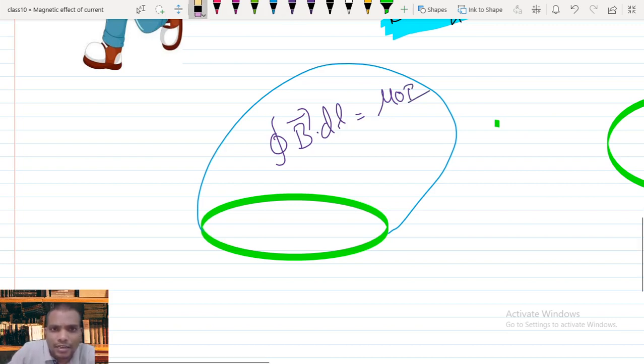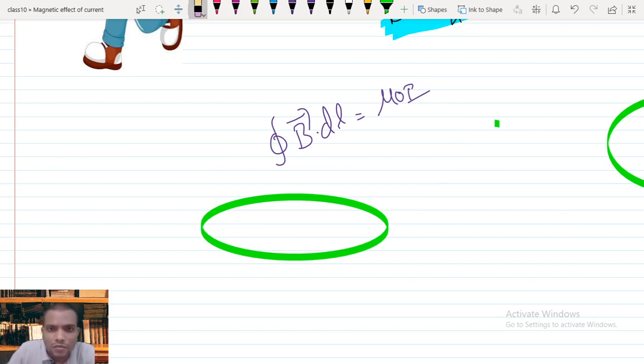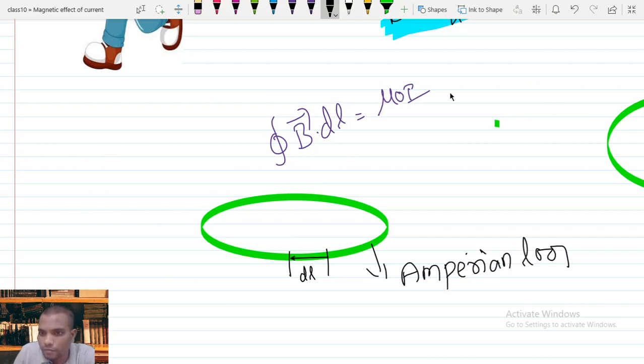Two things here I need to explain. Whenever we consider this loop, the elemental length dl is the smallest portion in the loop. Don't forget that. It is the smallest portion in the Amperean loop which we consider, not in the current carrying element.